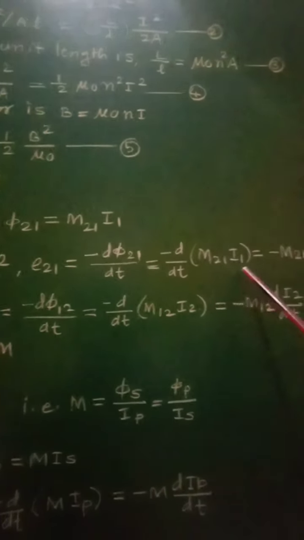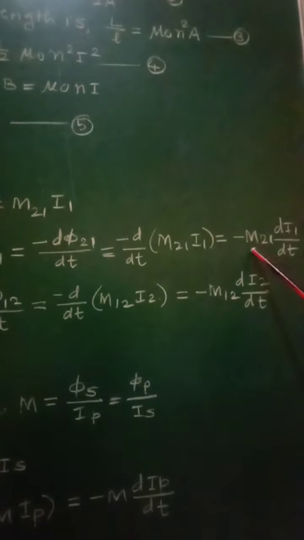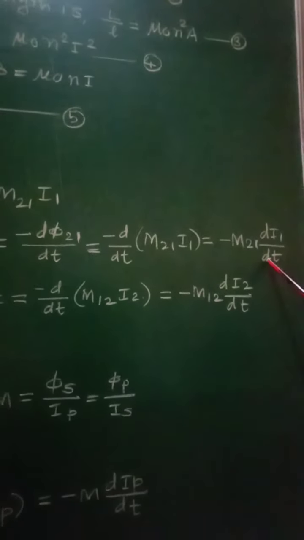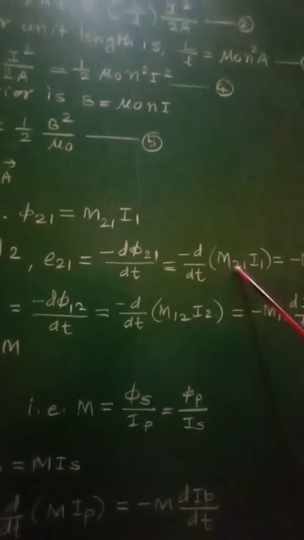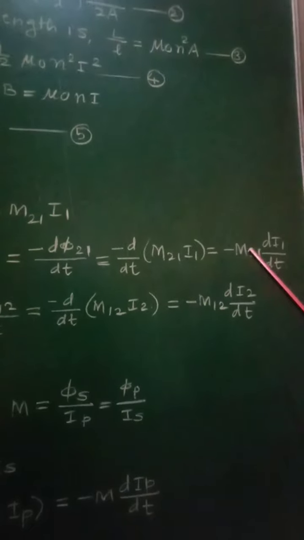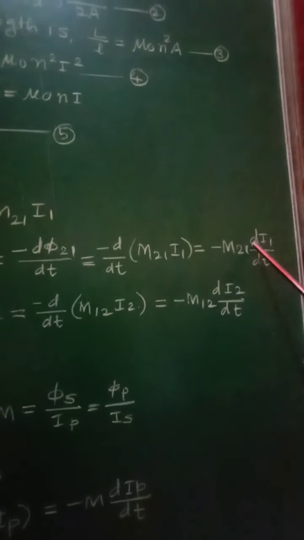So differentiating this, we get minus M21 into dI1 by dt, as M21 is constant.